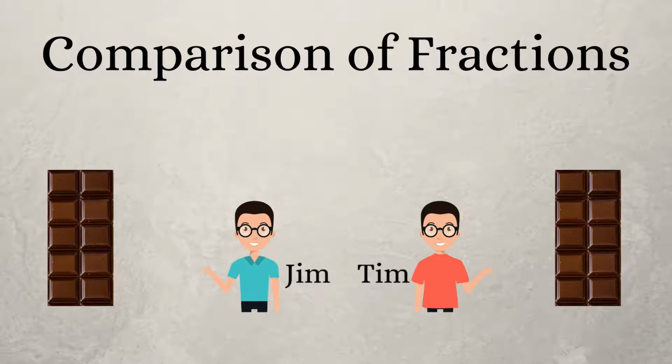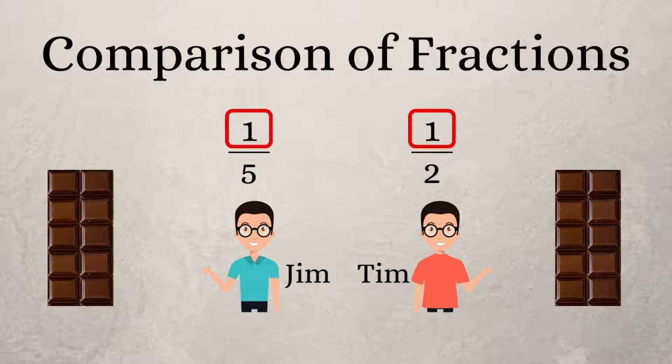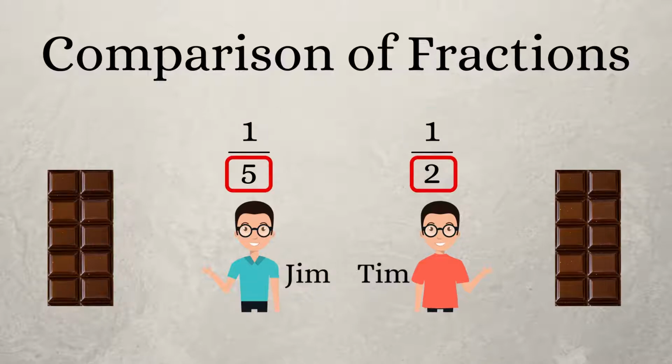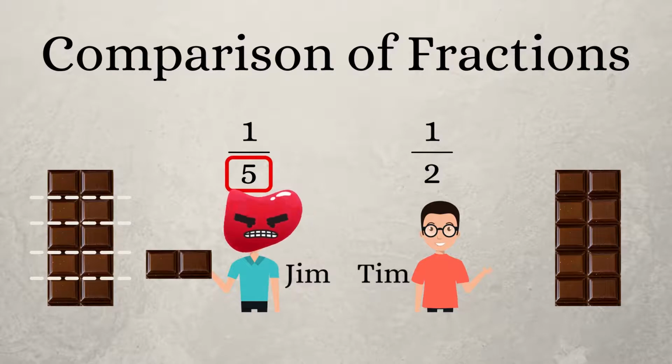Jim is given 1/5 of the chocolate and Tim is given 1/2 of the same chocolate. In these fractions, the numerators are the same, but the denominators are different. Here, if the denominator is 5, it means the chocolate is divided into 5 equal parts, and hence Jim gets only a small piece.